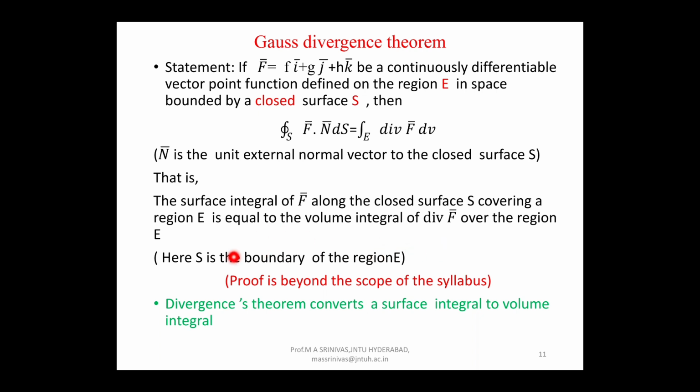Region E is bounded by the closed surface S. Therefore, for applying the Gauss divergence theorem, we need to have a closed surface. You observe here, I made it in different colors. For applying the Gauss divergence theorem, you should have a closed surface and a region E. So E is the region inside the closed surface.